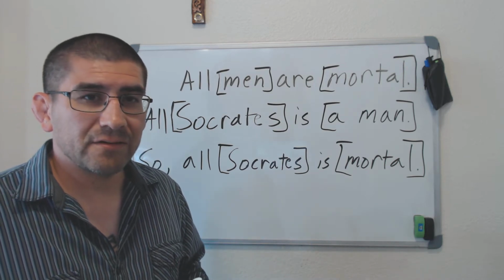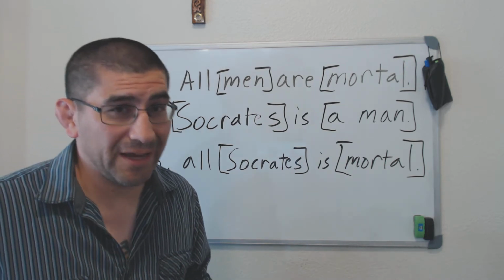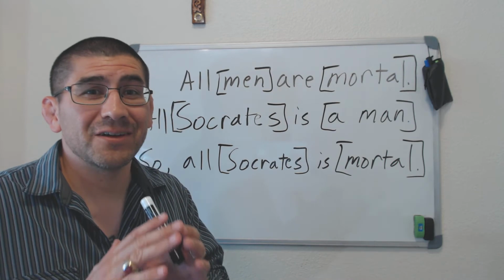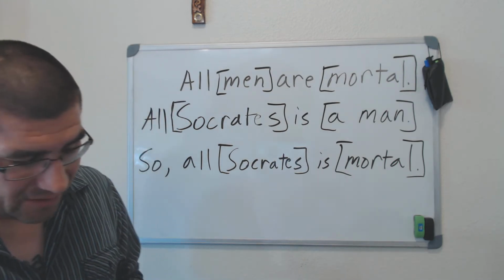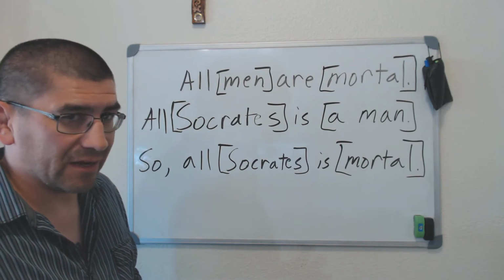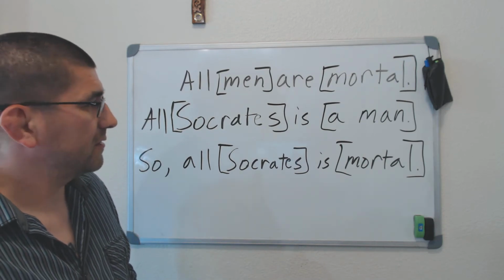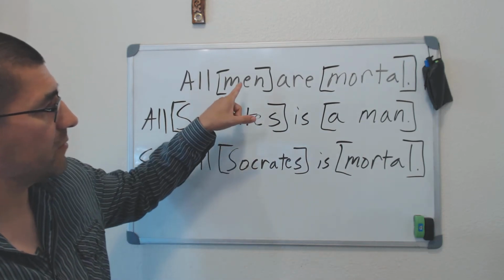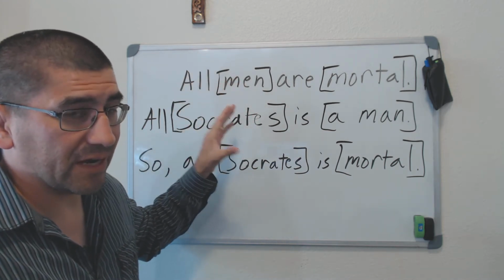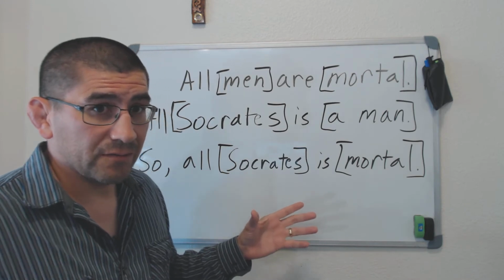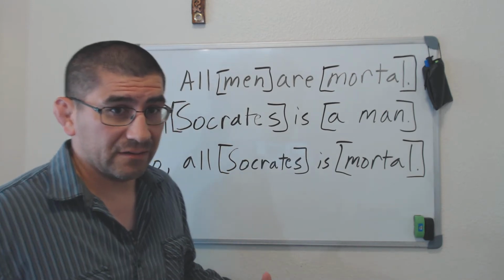You can't have four terms. You can only have three terms, three and only three. Every syllogism can only have three terms. So let's count the terms to see if this is going to be valid. It has to pass this rule in order to be valid.